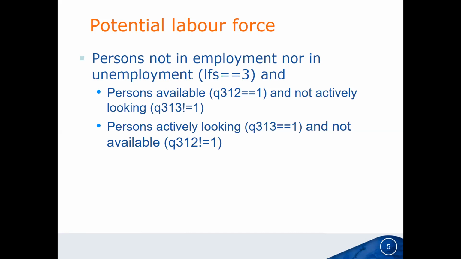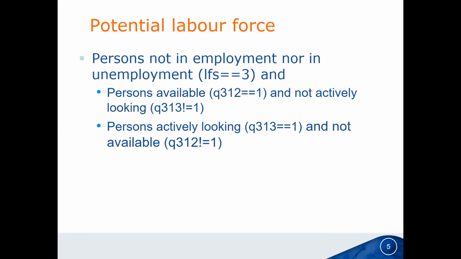Yeah, it is clear that the denominator of this variable is the population out of the labor force. Yeah. So the denominator to measure the potential labor force will actually be the extended labor force. So it's going to be the labor force, employment and unemployment, and the persons who are in the potential labor force.